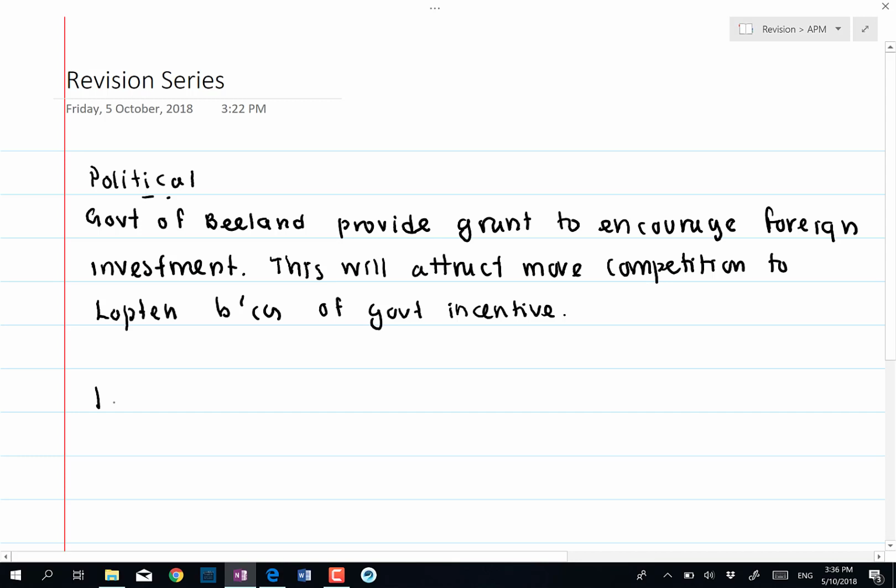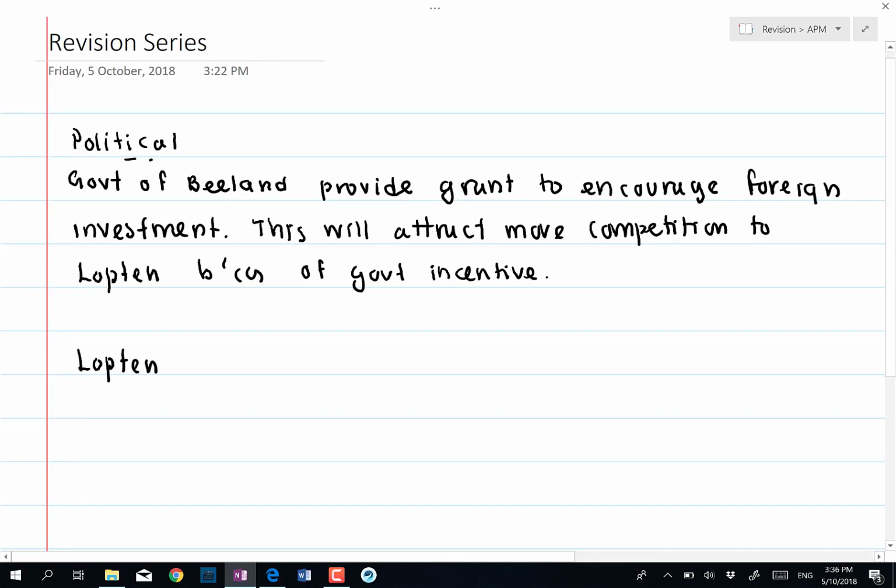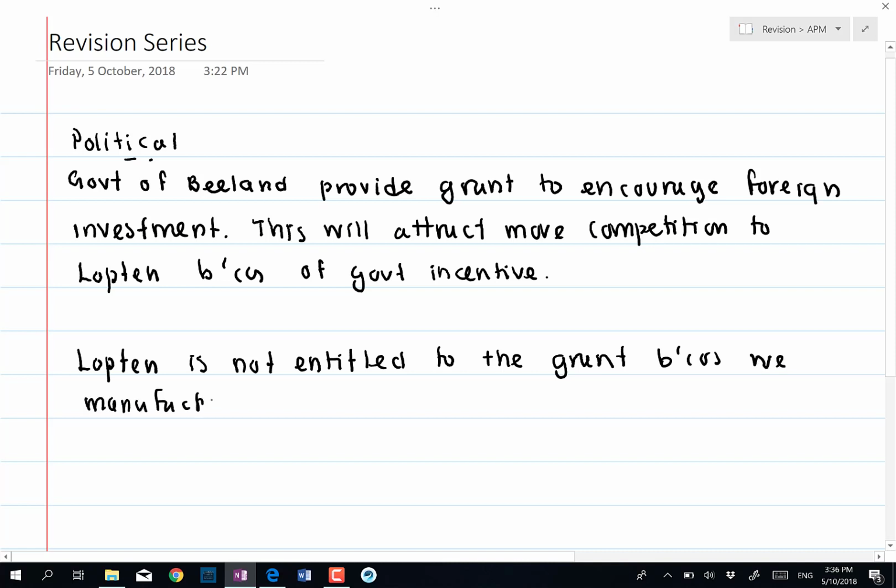Not only that, Lopten is not entitled to the grant because we are not manufacturing in Beeland; we manufacture in Kayland.